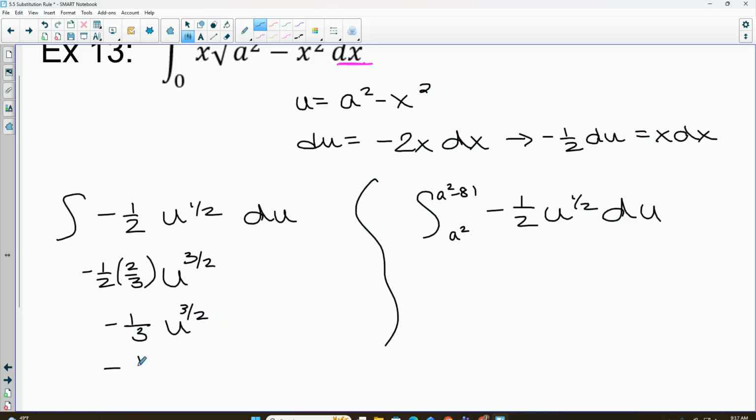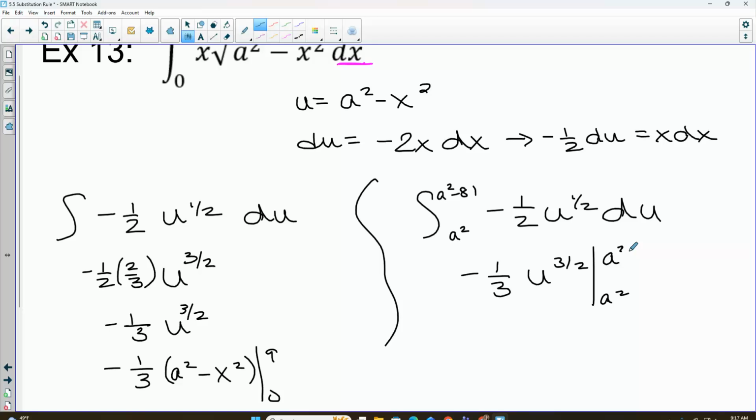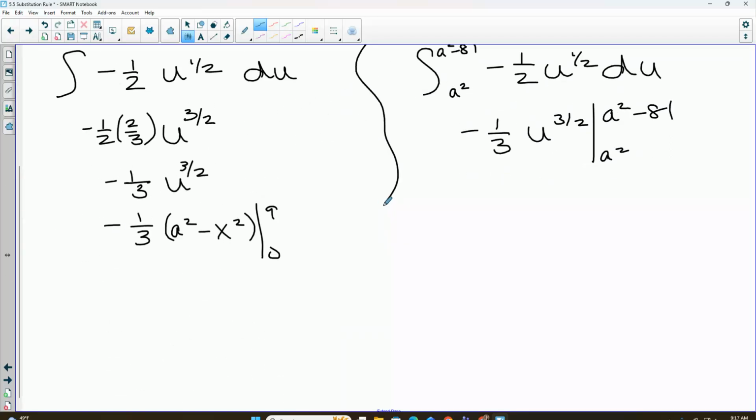If you went this route, you plug your u back in. I'm going to evaluate from 0 to 9. If you went this route, we are plugging in our new limit. And we should get the same answer either way.